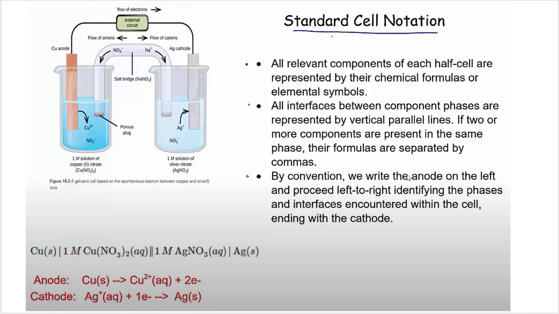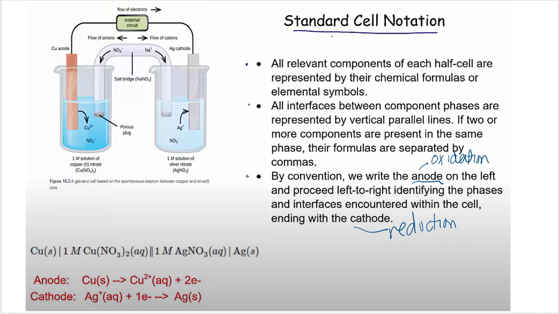And by convention, we write the anode on the left and proceed left to right, identifying the phases and interfaces encountered within the cell, ending with the cathode. And again, when we're writing our cathode and anode, a way to remember that, remember our anode is oxidation, and our cathode is reduction.